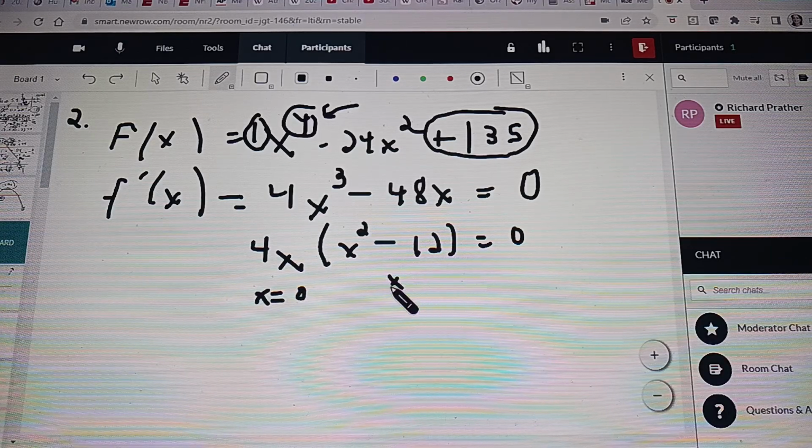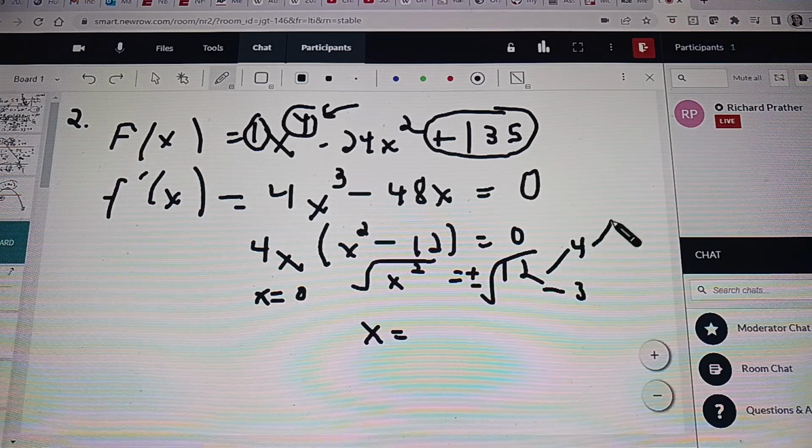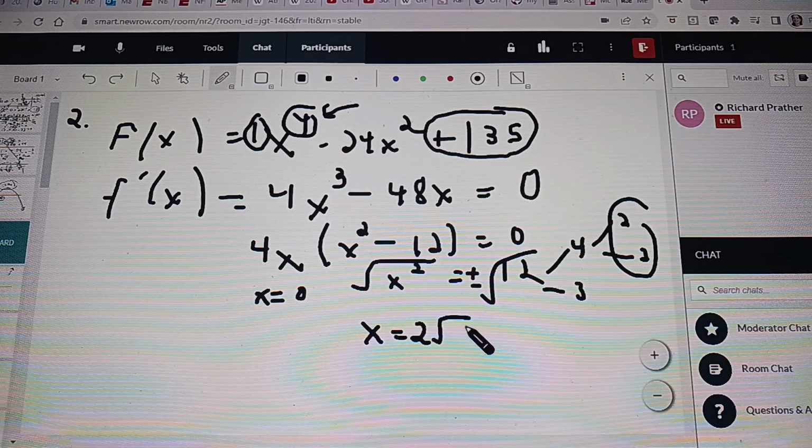And then on this one, you can add 12 and take the square root. Plus and minus the square root of 12. Square root of 12 is 4 times 3, and 2 times 2, it's got a pair of 2's in it. So it's actually plus or minus 2 square root of 3.